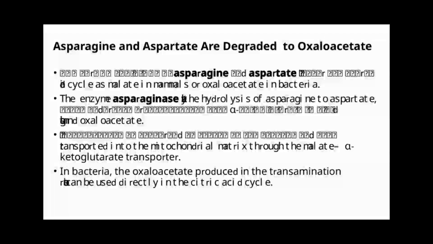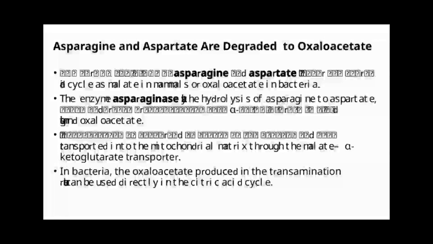The oxaloacetate then gets converted into malate in the cytosol and is transported into the mitochondrial matrix via the malate, alpha-ketoglutarate transporter. In bacteria, the oxaloacetate generated directly from transamination can go straight into the citric acid cycle. This pathway highlights how amino acids like asparagine and aspartate can be degraded into key cycle intermediates, linking amino acid metabolism closely with energy production.